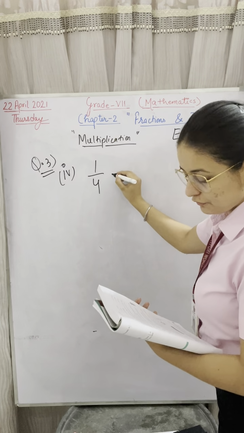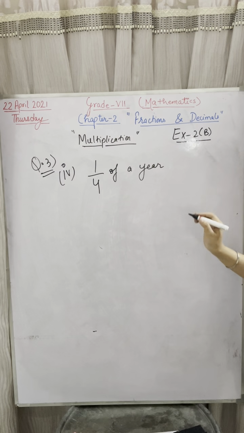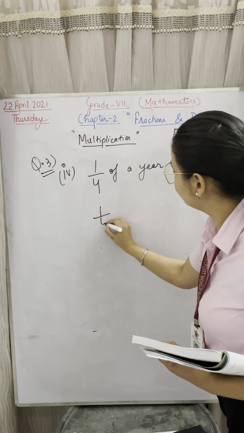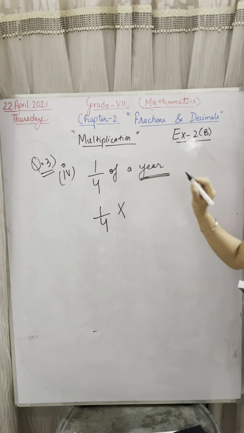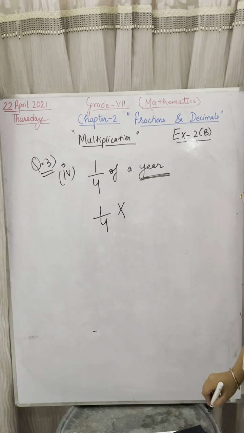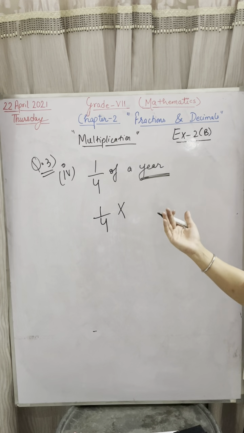The 4th is 1 by 4 of a year. So I am writing 1 by 4 as it is. Of means multiply. Year, value is not given. So how many months are there in 1 year? Very good, Prasan, Geet, Anshika, Naman, Tanisha, Siddharth.